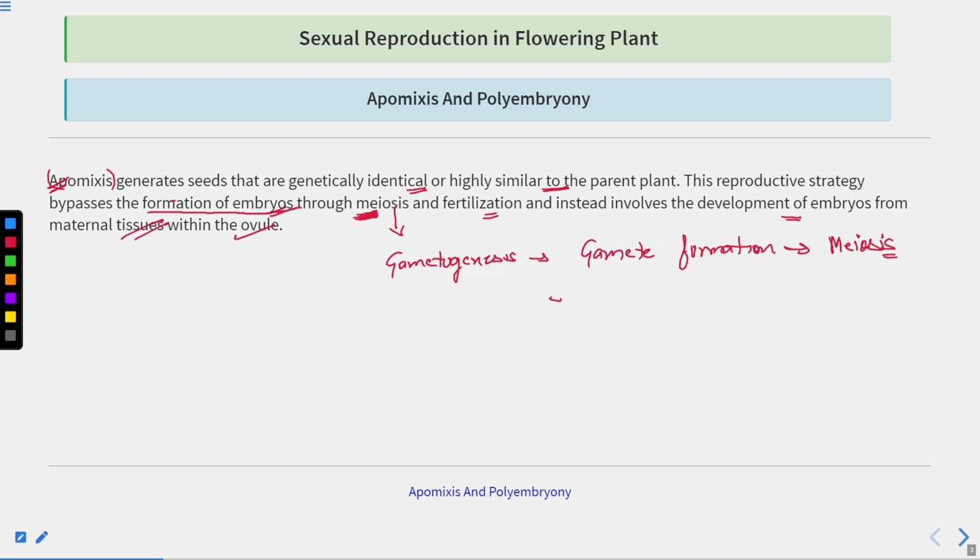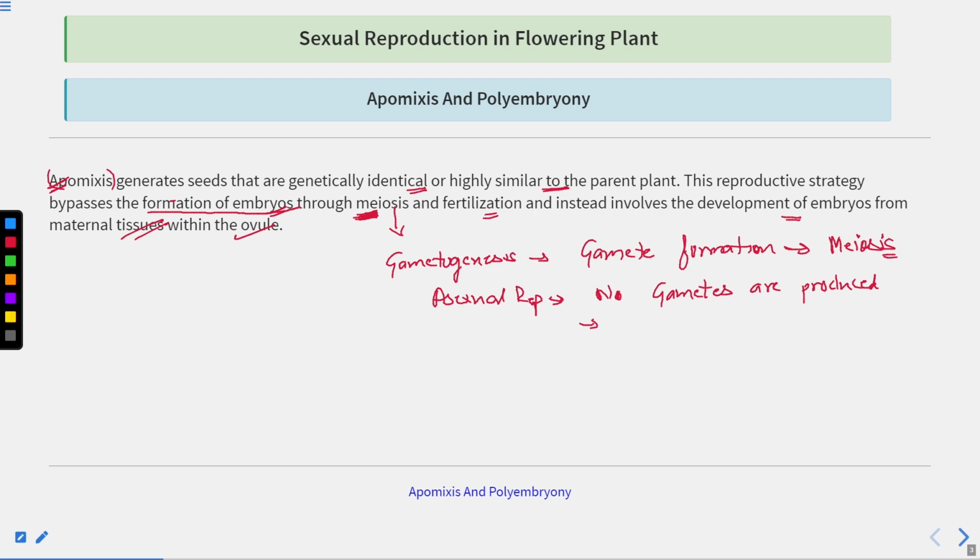So apomixis is a type of asexual reproduction. No gametes are produced. Clear?